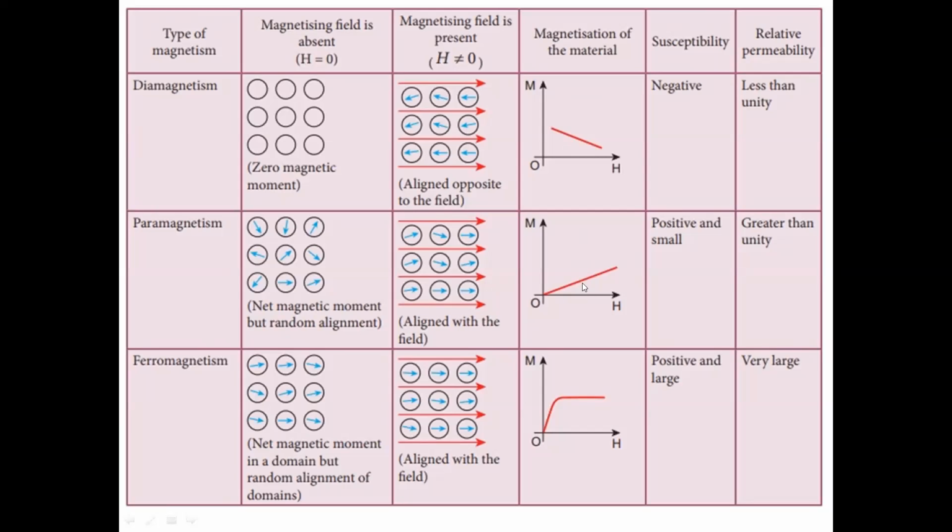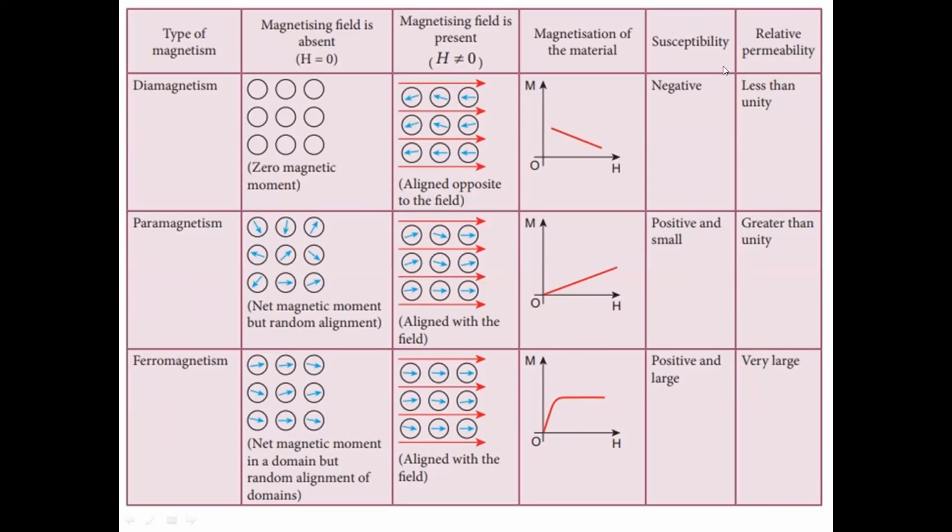But here, all magnetic particles are arranged in the same direction as the magnetic field, so the linear relationship is in this direction. This is the ferromagnetic material, the relationship between M and H.